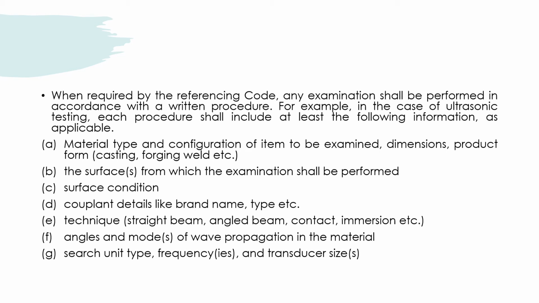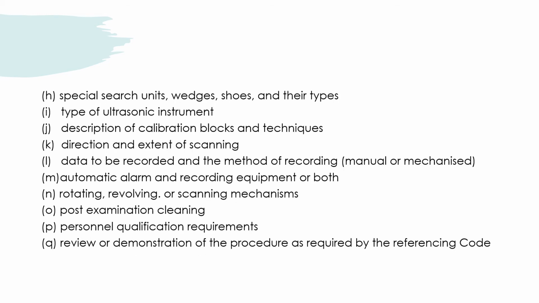Number 7 is search unit type, frequencies and the transducer size. Number 8 is special search units, wedges, shoes and their types. Number 9 is type of ultrasonic instruments.